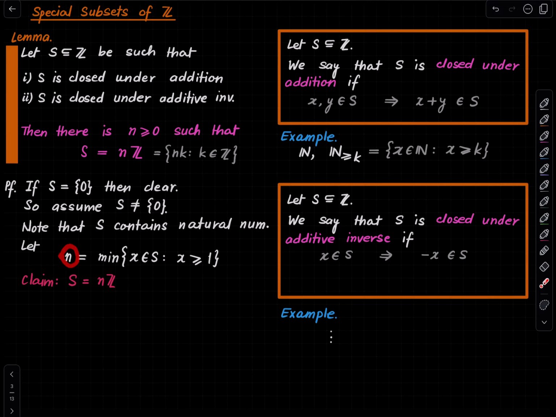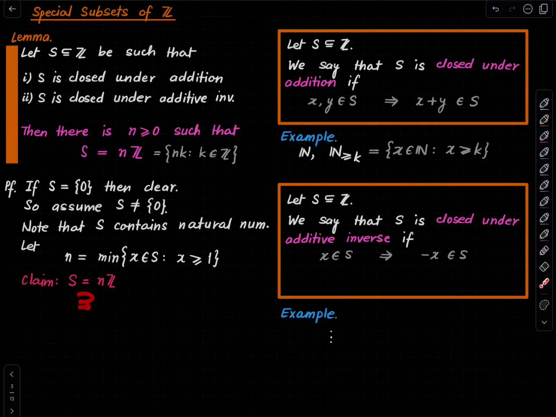Once n is in S, nZ is contained in S. n is in S, and since S is closed under addition, n plus n, which is 2n, is also in S. Then you further add n to it, you get 3n in S. So all positive multiples of n are in S. Similarly, since S is closed under additive inverses, minus n, minus 2n, minus 3n, all of these are in S. And since n and minus n are both in S, their sum is also in S because S is closed under addition. So 0 is also in S.